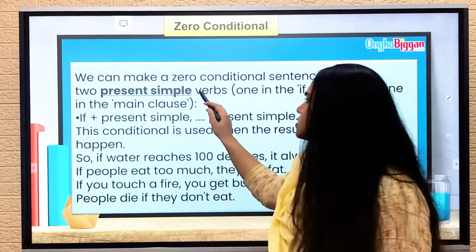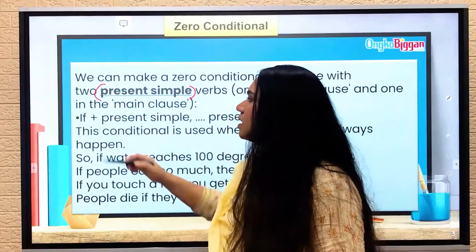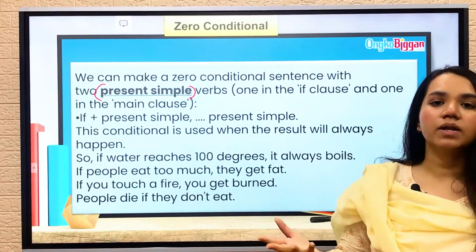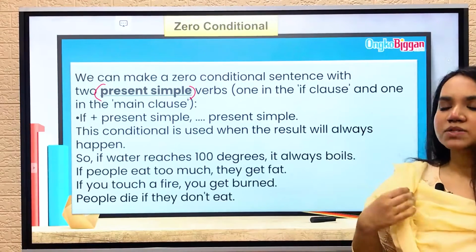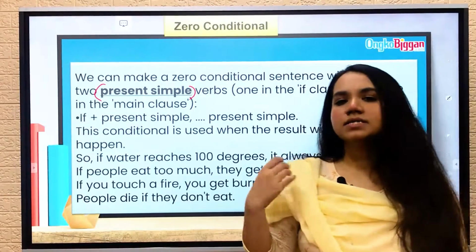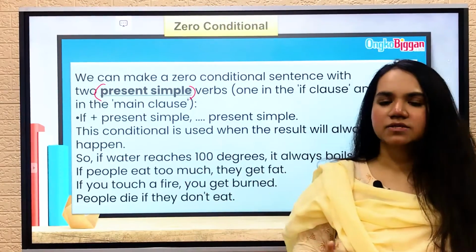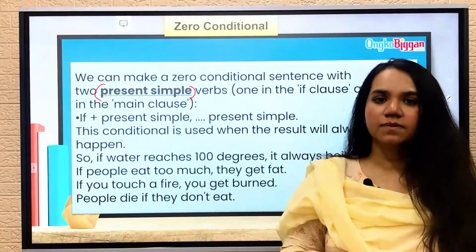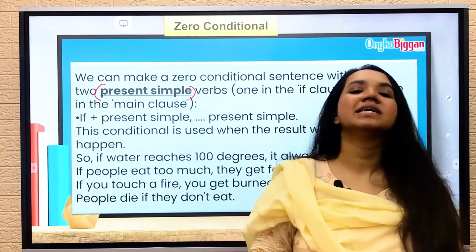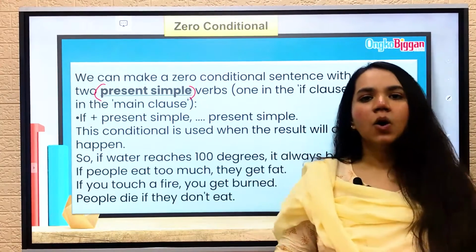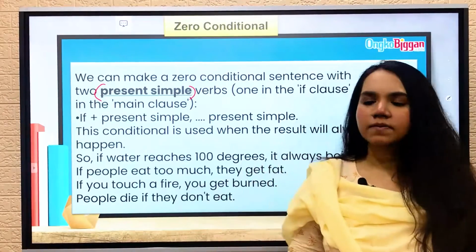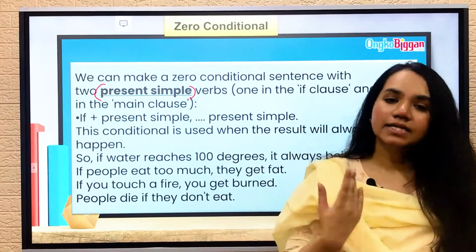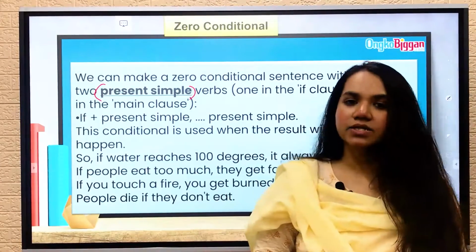We also must remember whether or not we can recall the different types of tenses while we learn conditionals. So, what was present simple tense? Present simple tense has a structure as follows: subject plus main form of the verb in its base form. It will not have any ed form or a participle form or verb with ing form, nothing. It will just be the main form of the verb, then the object, then any extension if we want to follow.